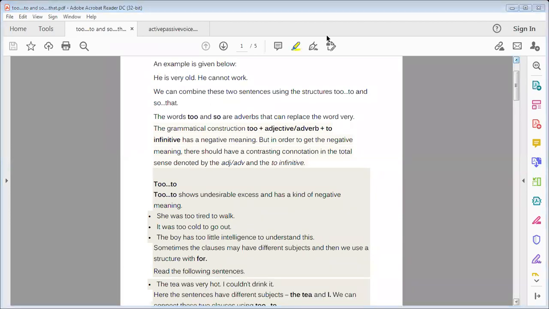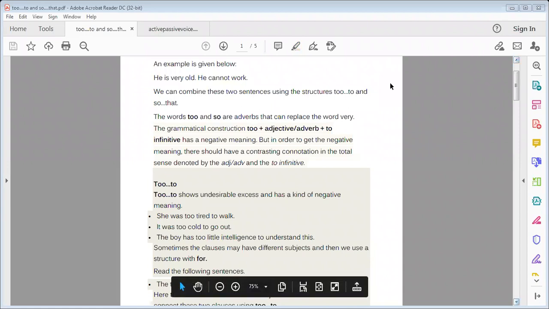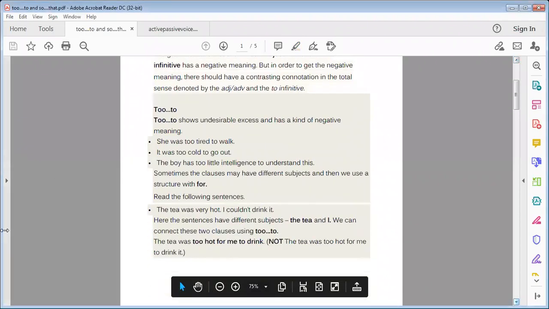Now, who is old? He is old. And who is not able to work? The same person. The subject for both sentences is the same. Then there is no need to use for, because you will directly join the two: he is too old to work.